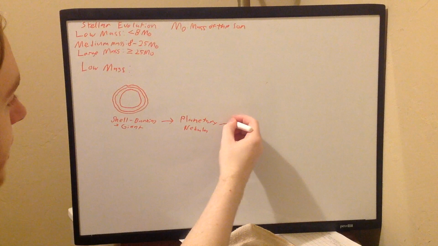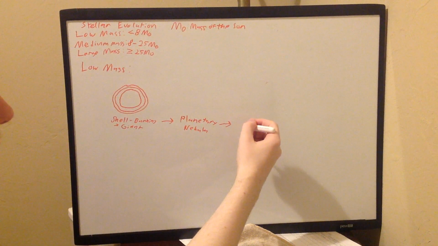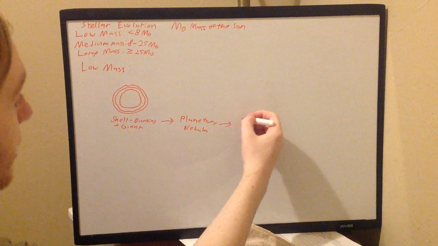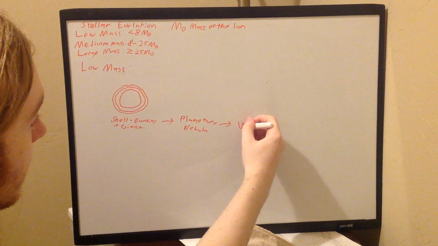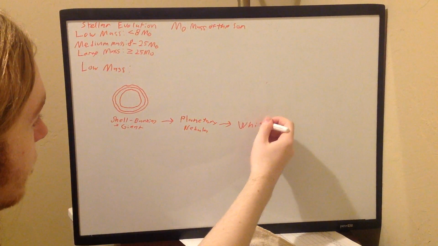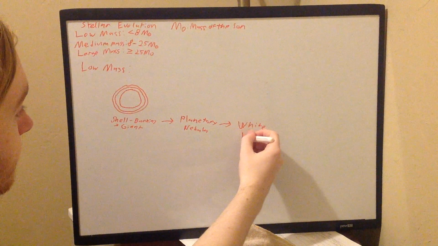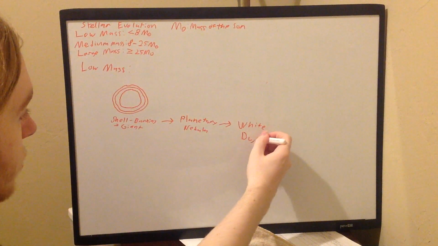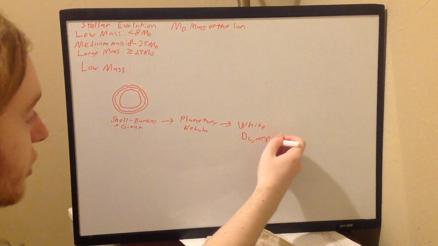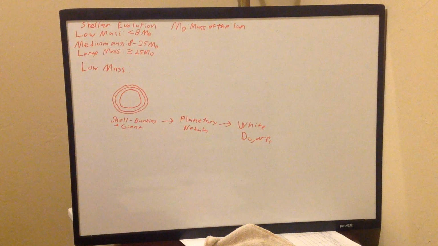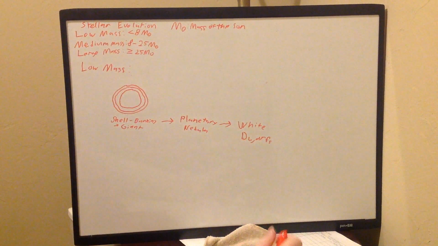And the core remnant that's left over after the outer layers of the star have become a planetary nebula is called a white dwarf. White dwarfs are very small, oftentimes on the order of being the size of Earth, right? But they're very dense, very, very dense.